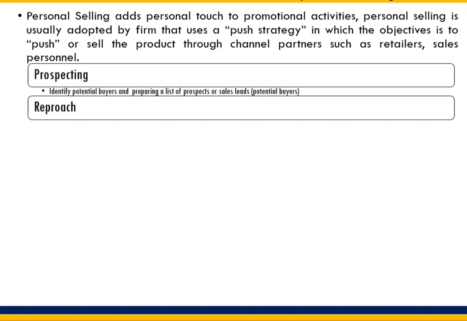Making initial contact with the potential customer and creating a favorable impression about the product should be the focus in this approach step. Once you have had the introductory remarks, you proceed with the presentation.